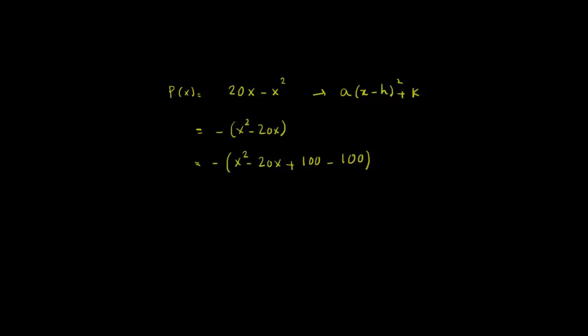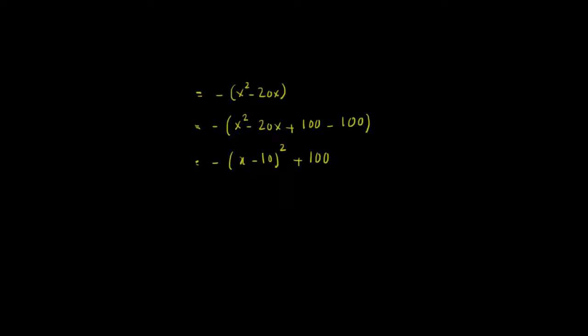I took this negative common, negative, and then x squared minus 20x, and we add 100 and subtract 100 to make this into a proper quadratic form given here, a times x minus h squared plus k. Therefore, this expression can be written as negative x minus 10 squared plus 100.